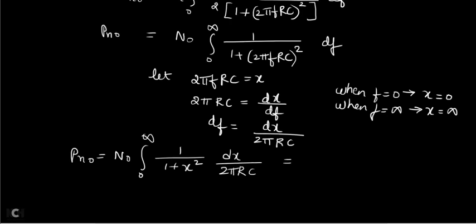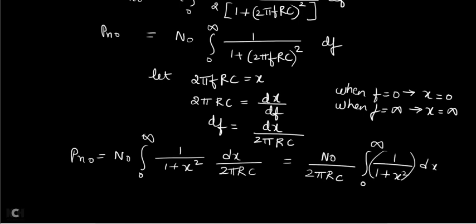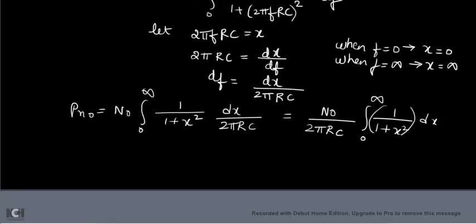Now take 1 by 2 pi RC outside, N naught divided by 2 pi RC, integration 0 to infinity 1 divided by 1 plus x square into dx. What is the integration of 1 divided by 1 plus x square? In mathematics, Pn0 is equal to N naught by 2 pi RC tan inverse of x, limits from 0 to infinity.